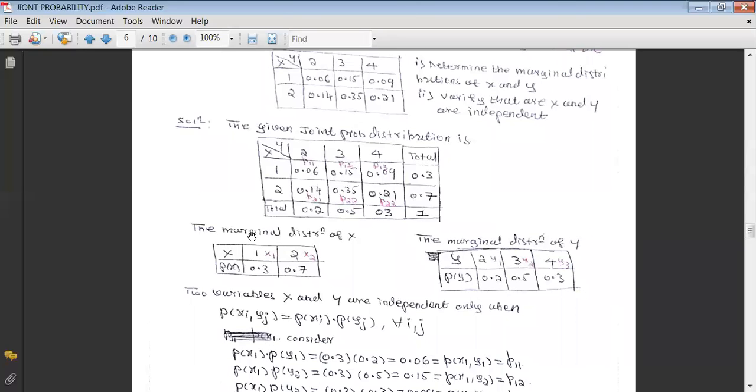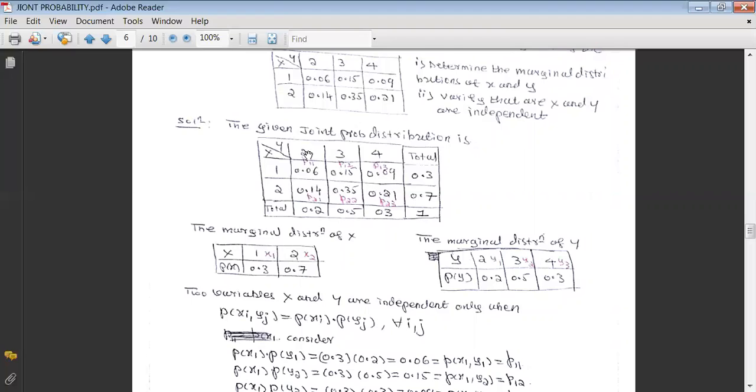Now we can write down the marginal distribution. The marginal distribution of x is the list which shows the values taken by x, that is 1, 2, with corresponding probabilities. The probabilities are the totals of those values. The first row total is 0.3 that we have written here, and the second row total is 0.7 that we have written here. Now coming to the marginal distribution of y, first let us list out the values taken by y.